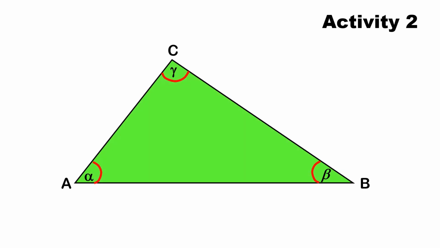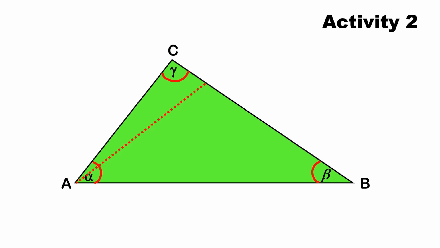Next, we will make the second equation. Look again at triangle ABC. To obtain the trigonometric ratio, this time we draw a height line from point A to side BC. The line is perpendicular to side BC, forming a 90-degree angle.